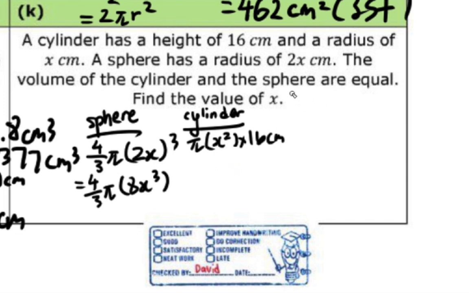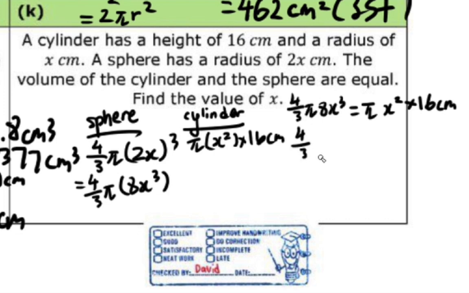So now we will do the equation. So it will be 4 over 3 pi times 8x cubed equals pi x squared multiplied with 16 cm. And now we will move the pi to the left side, so this would be 4 over 3 pi divided by pi, 8x cubed equals x squared multiplied with 16 cm.